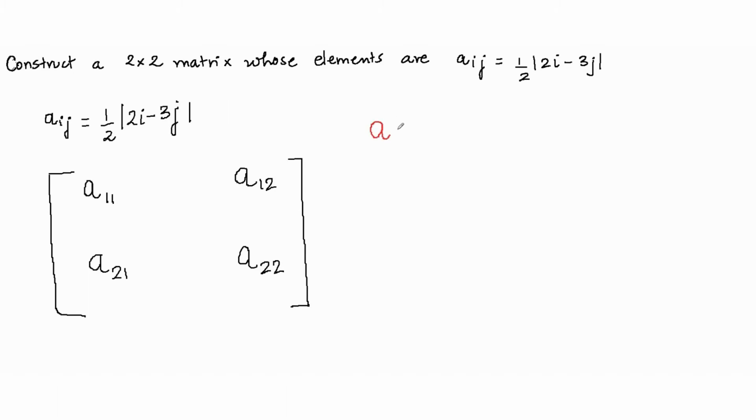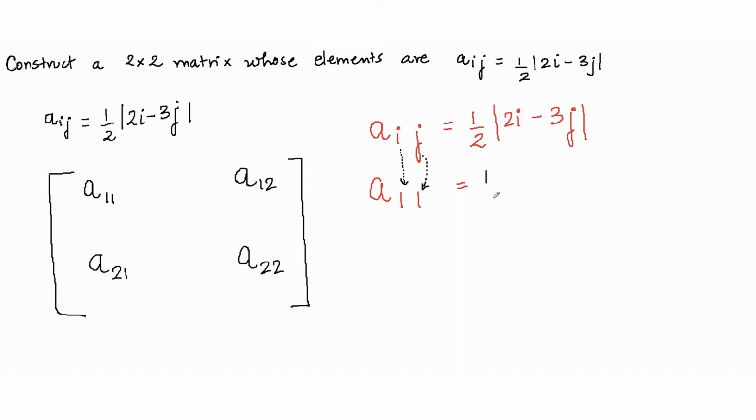Now what is given to me? It is given that Aij is half of magnitude of 2i minus 3j. Okay, so now if I were to find A11, let's try to understand this. I have to substitute i as 1 and j also as 1, right?